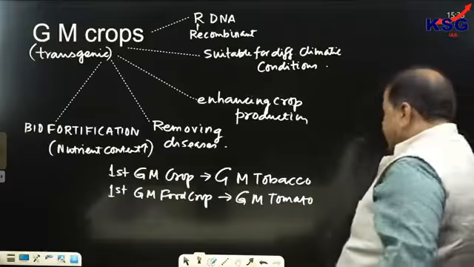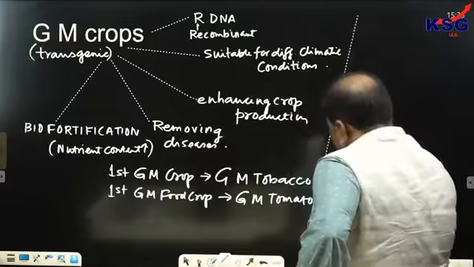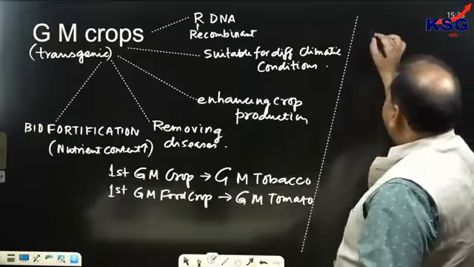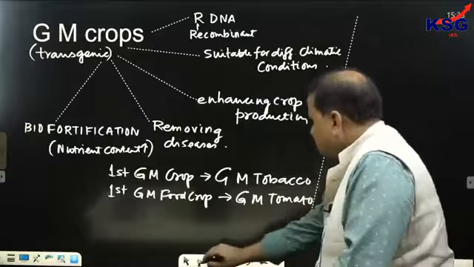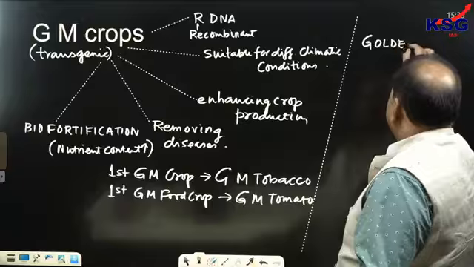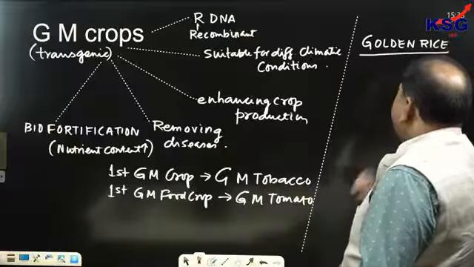Clear? If we talk about some examples of GM crops, the first example is golden rice. And why golden rice?